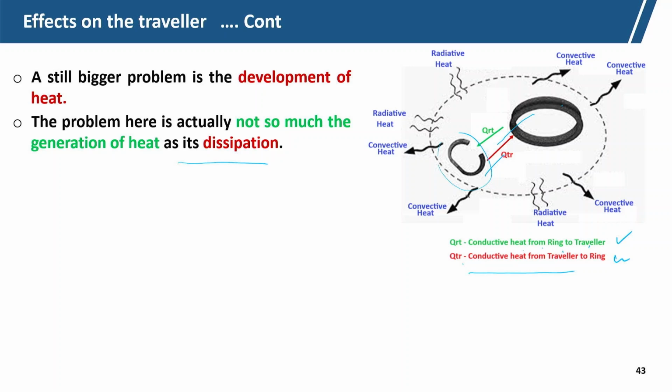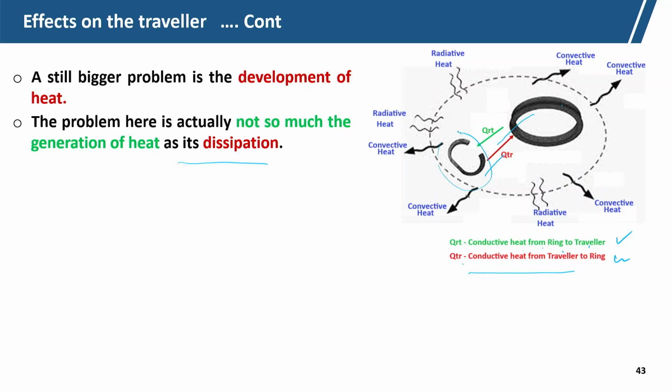Convective heat transmission will be there because the traveller moves at faster speed, but conductive heat transmission is very less, and radiative heat transmission will be low because the temperature difference is not that much.